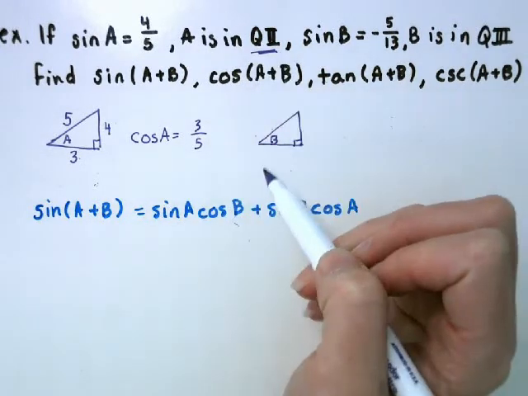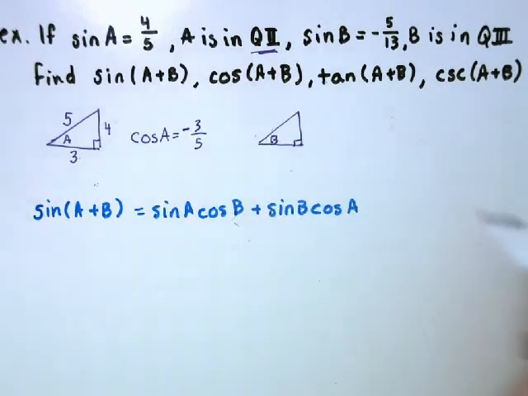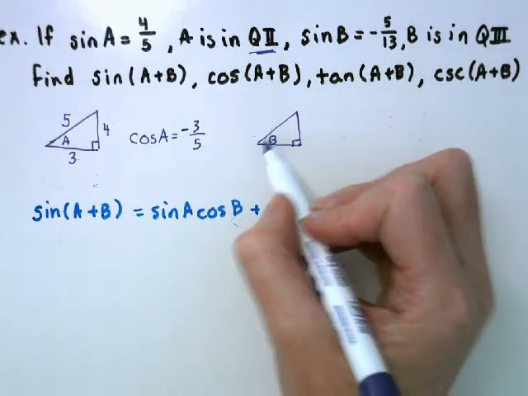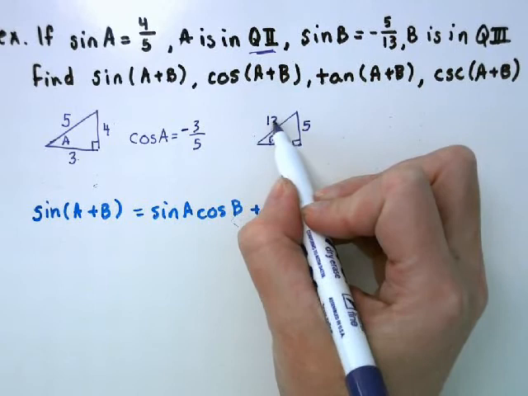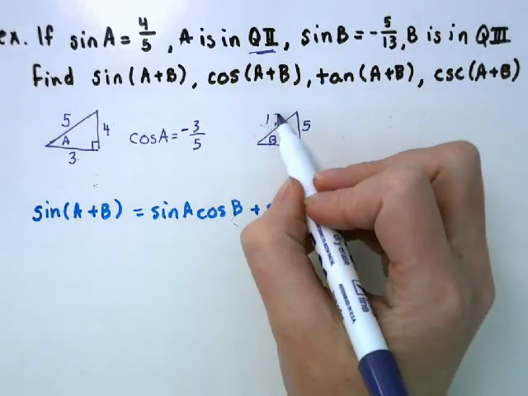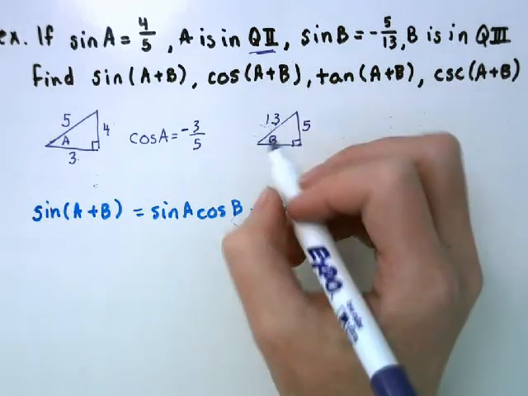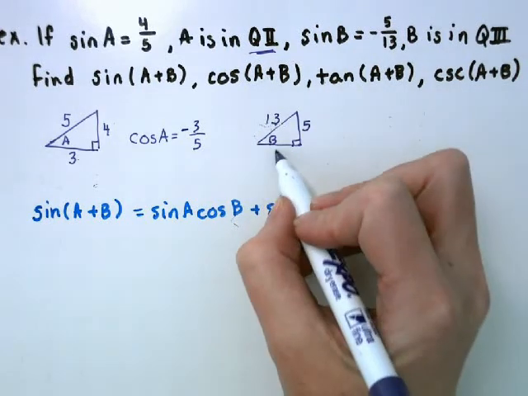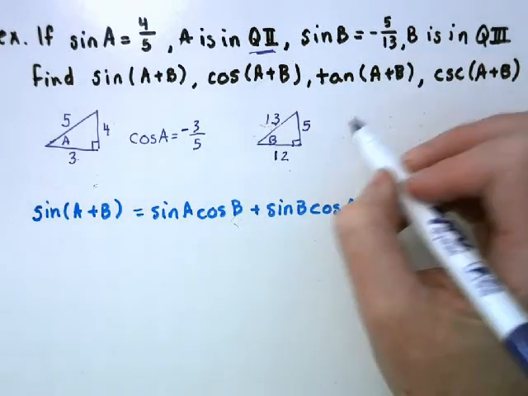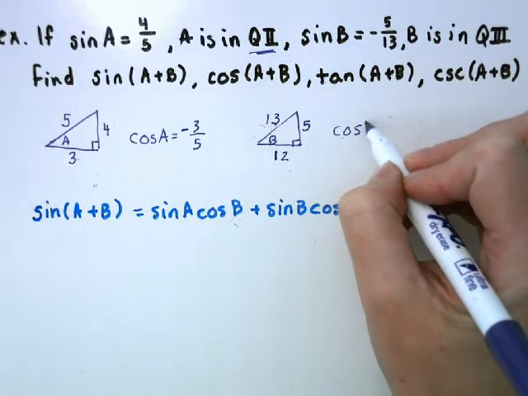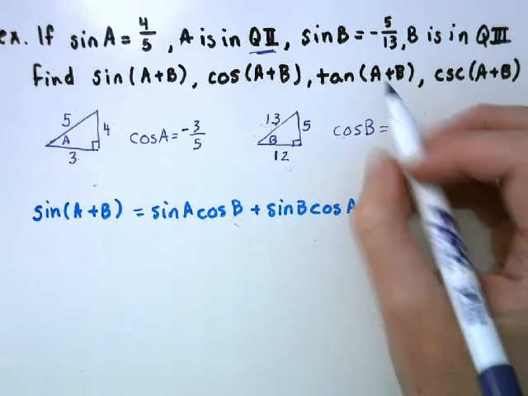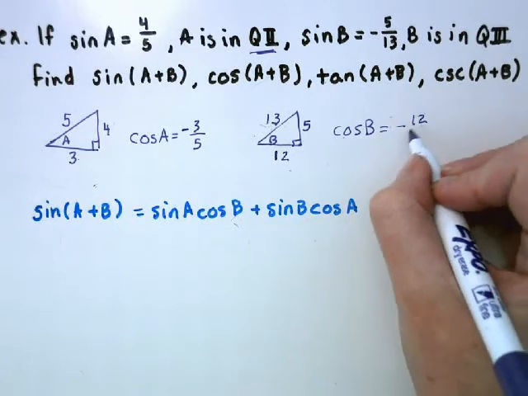But we're in quadrant 2, so this is going to be negative. Sine of B is negative 5/13, so opposite over hypotenuse. Okay, doing the Pythagorean theorem, you're going to find that this side is 12. So cosine of B, B is in quadrant 3, so this is a negative 12/13.